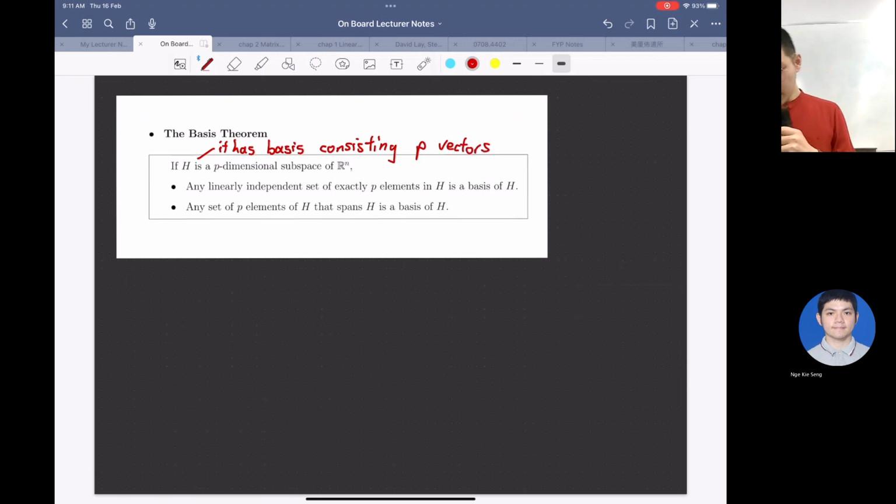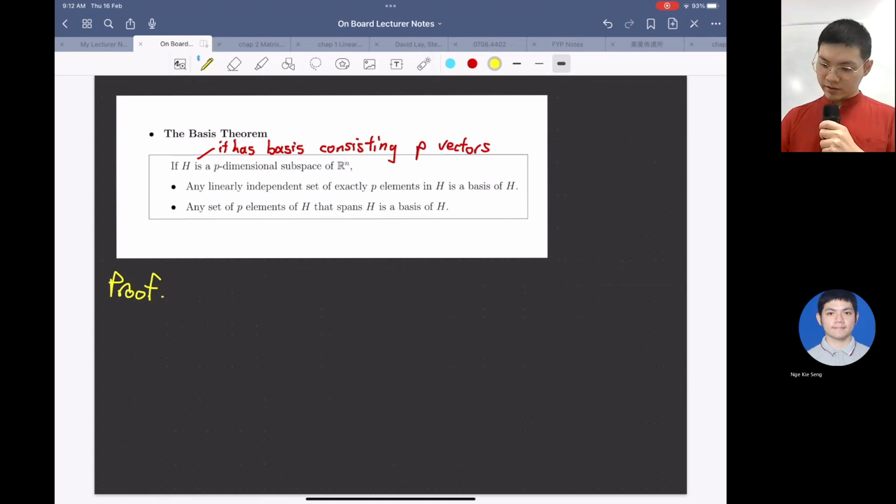Okay. And then there are two claims here. First, any linearly independent set of exactly p elements in H is a basis of H. Second, any set of p elements of H that spans H is a basis of H.